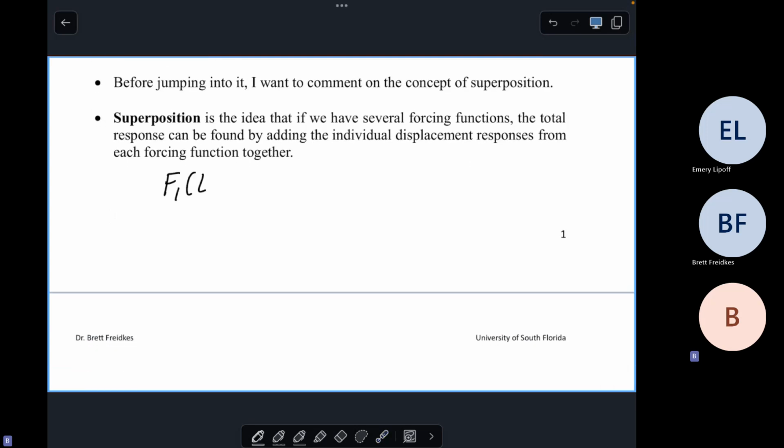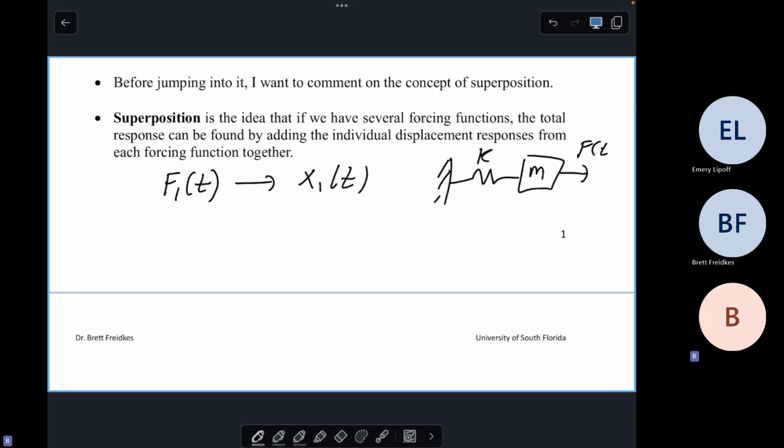one forcing function, this will produce one deflection response. So F1 of t, it'll produce a response x1 of t. If I do F2 of t, it'll produce a response x2 of t.